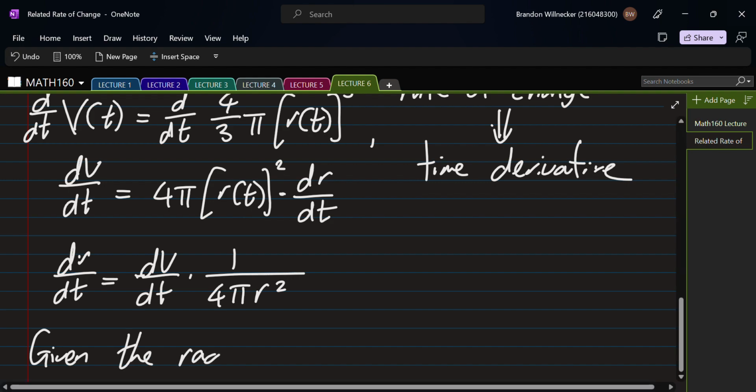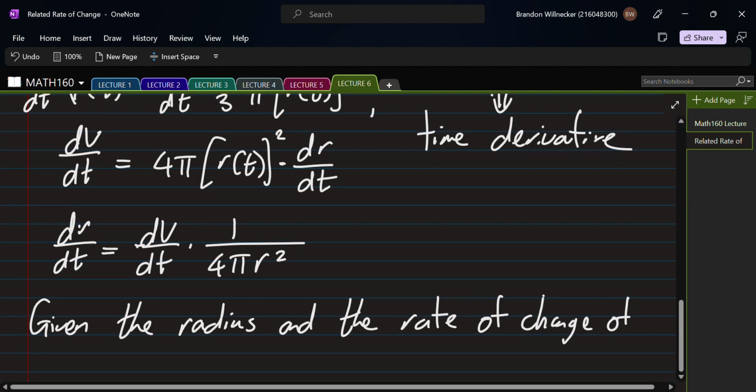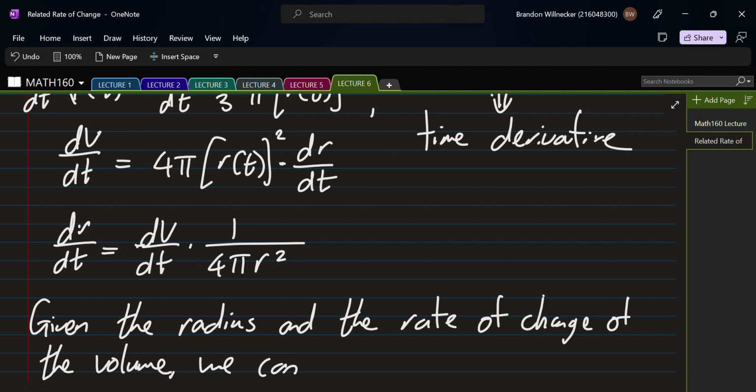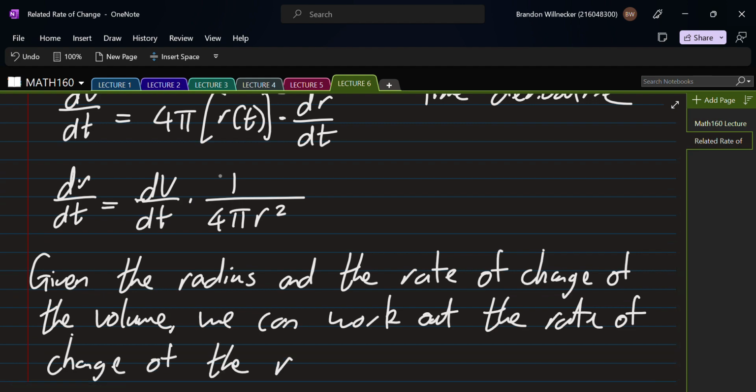So given the radius and the rate of change of the volume, we can work out the rate of change of the radius.